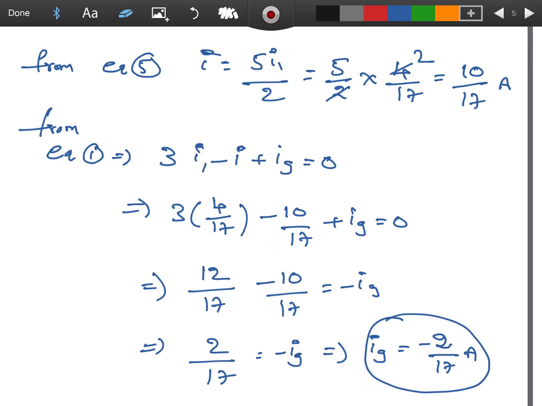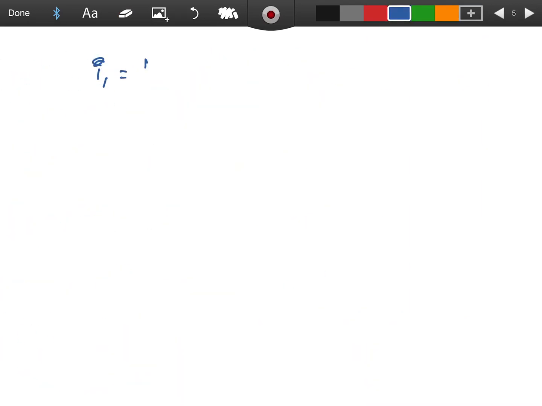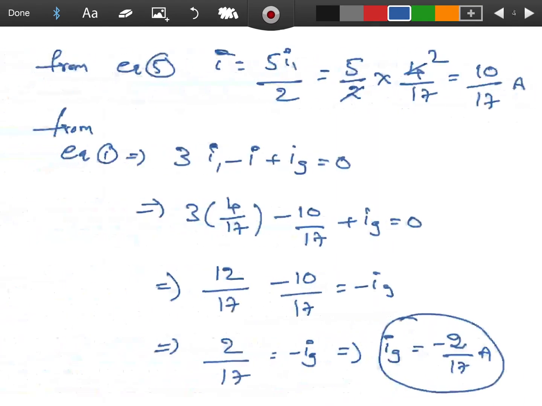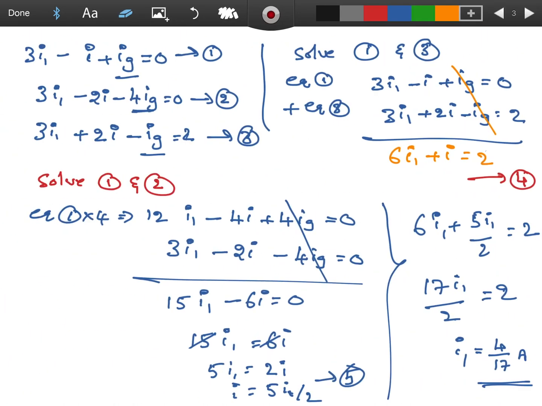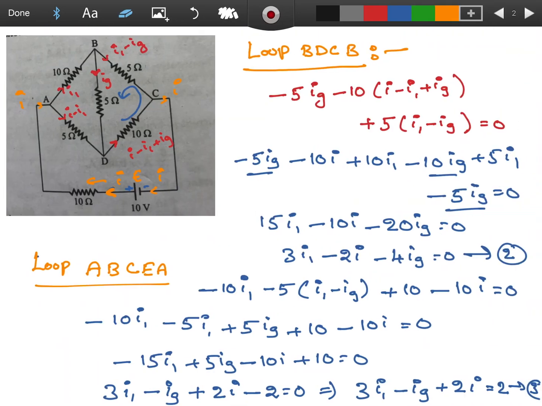Students, is it clear? I1 equal to 4 by 17, I equal to 10 by 17, then Ig equal to minus 2 by 17. Now, they are asking to find what are the currents. Note it down: AB is I1, AD is I minus I1.